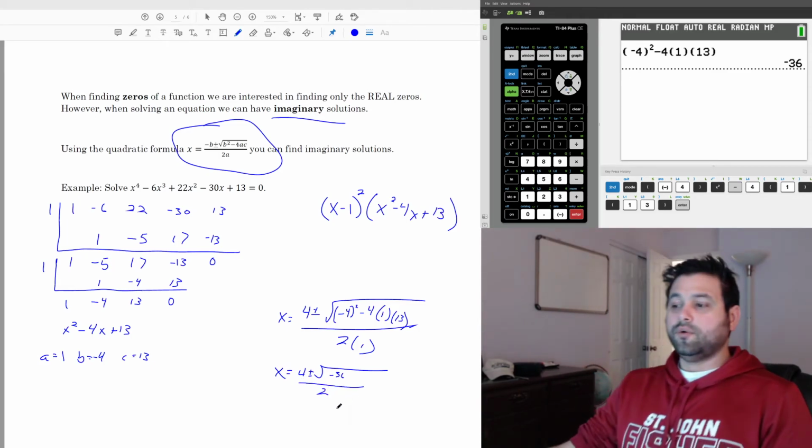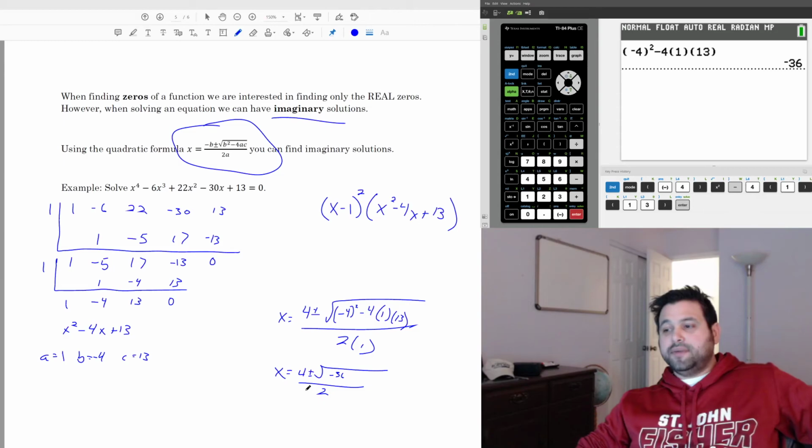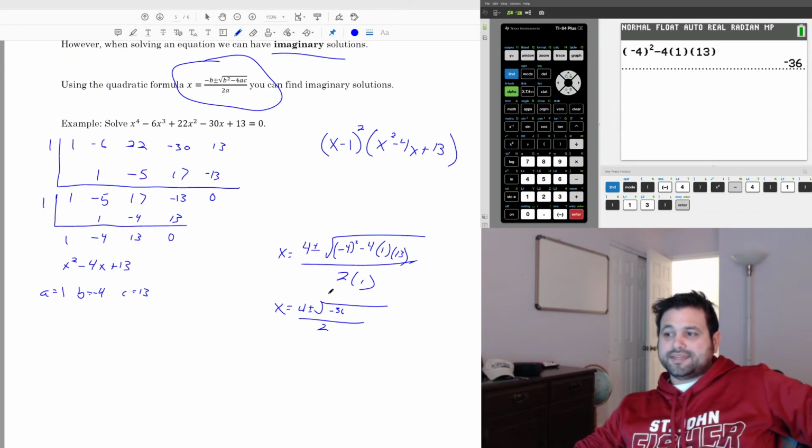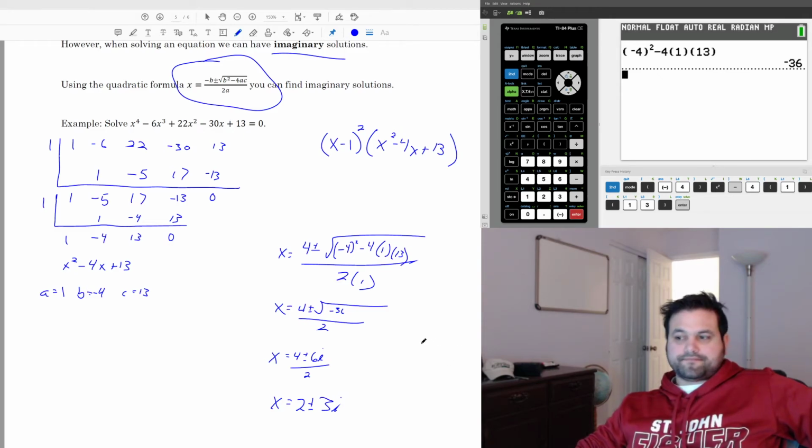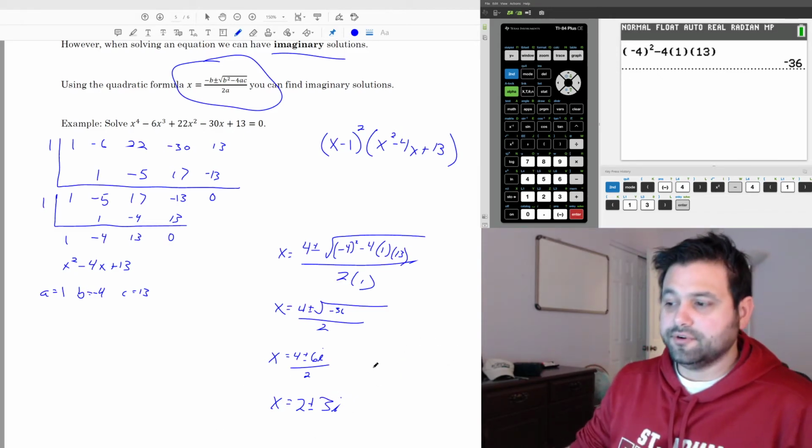Divided by 2. So what is the square root of -36 using imaginary numbers? Well, we can take the square root of 36, it's just 6. But what's the square root of -1? Well, that's going to be i. Okay, go ahead and divide by 2. We get x equals 2 plus and minus 3i. And that would be the imaginary roots.